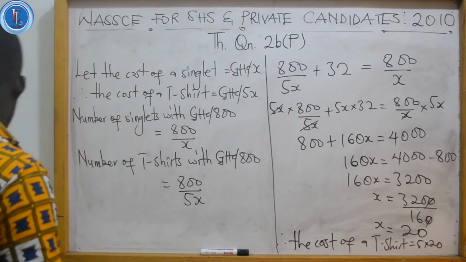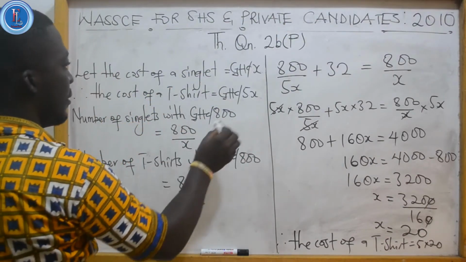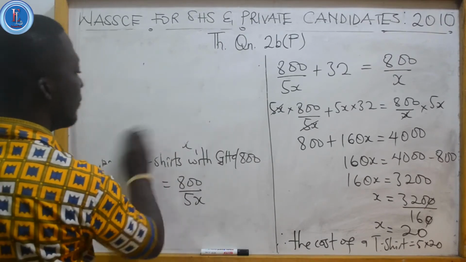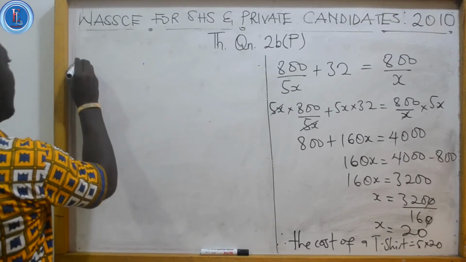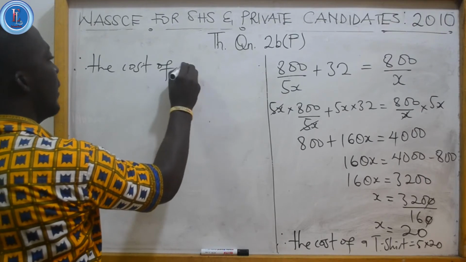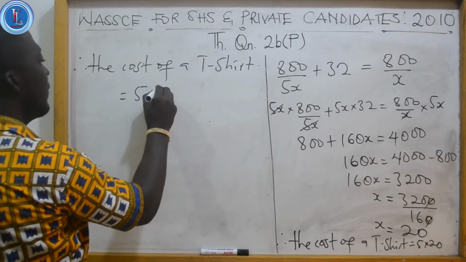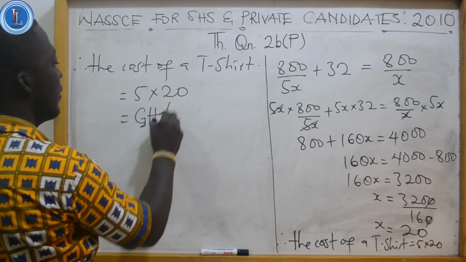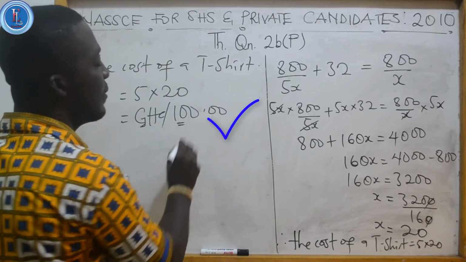Of course, I have to clean this place and continue there. Therefore, the cost of a t-shirt is 5 times 20, which is 100 Ghana cedis.